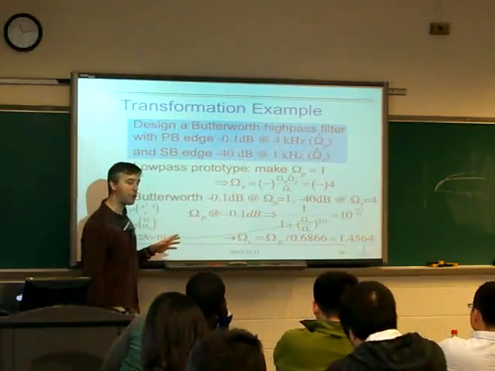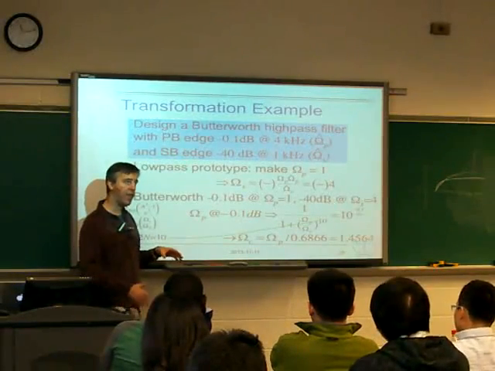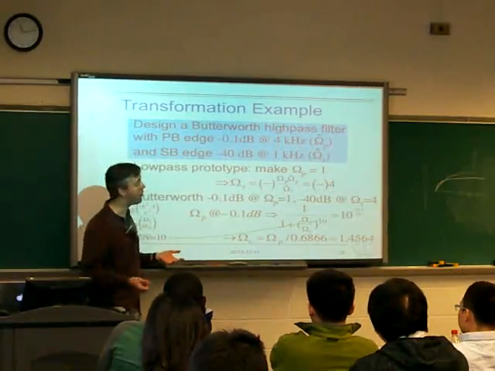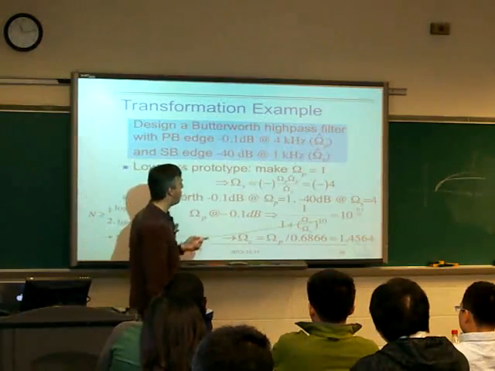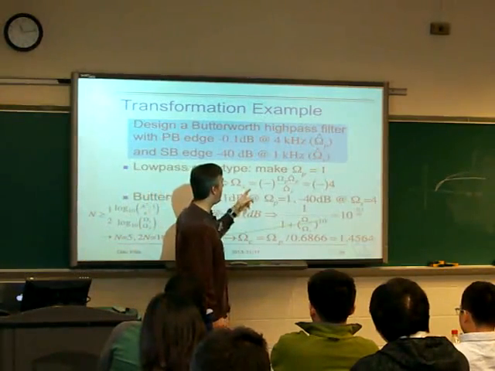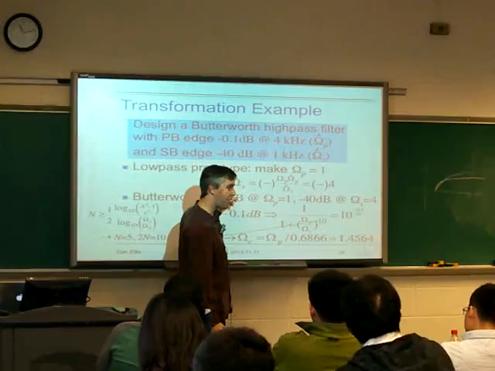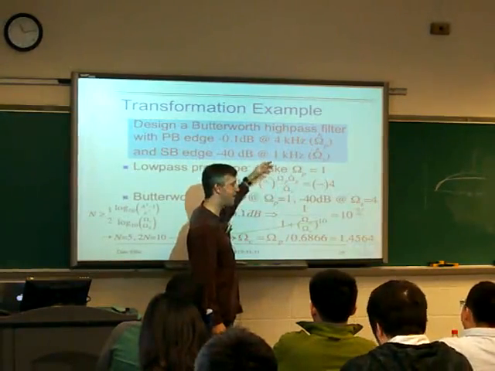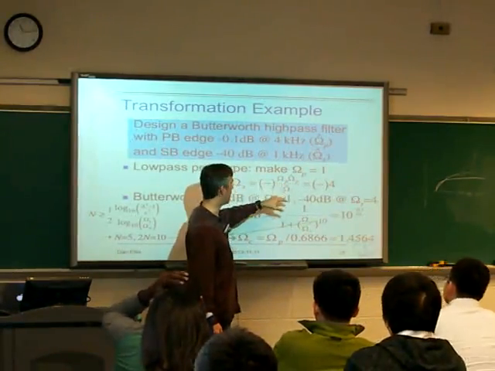So the way we do this is we're going to first design a low-pass filter and then put it through a transformation such that when we transform it, it'll give us the high-pass filter that we want. So we know that we want the prototype domain filter characteristics to be in terms of this omega p hat divided by omega space that we can map.